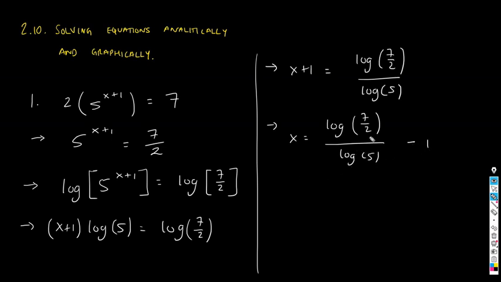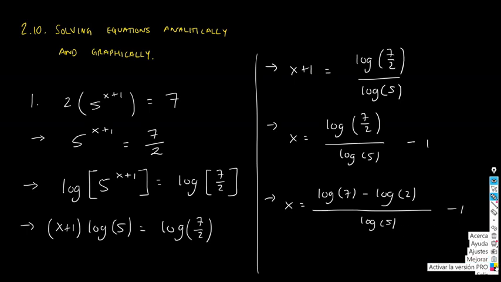And that's it. If you want, you can make use of this property of logarithms. Remember, the logarithm of a division is equal to the logarithm of the first number minus the logarithm of the second number. And by first and second, I mean numerator and denominator. So it can also look like this. Okay, so that's it. This is my solution.